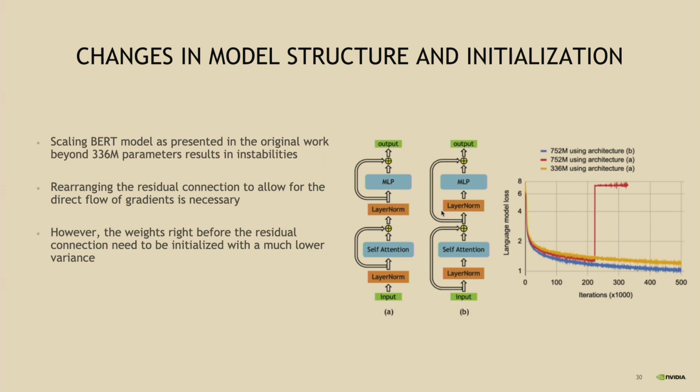And as you can see, when we rearrange the residual connections, the loss decreases and we get a really good looking loss. One more note here: when we rearrange the residual connections, we needed to change the initialization for some of these weight matrices as well, to account for the excessive gradient that flows through.